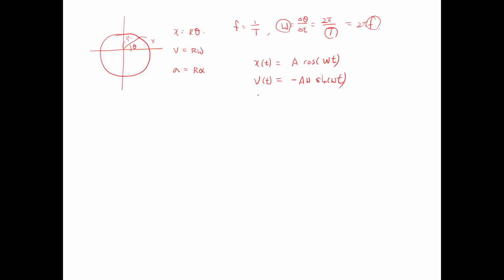Then we take the derivative again and have acceleration, which is minus a omega square cosine omega t. Remember that the maximum value of x is the coefficient of the cosine function, which is a, the maximum value of v is the coefficient of the sine function, which is a omega, and the coefficient of acceleration is a omega square.